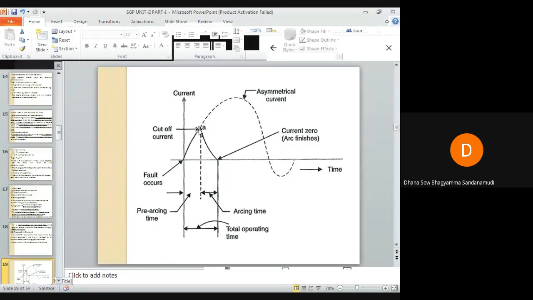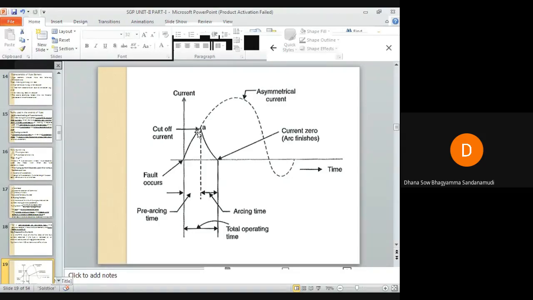As soon as it reaches point A, the fusing element will reach its melting point and the fuse will blow out. The current at this point, you will call it cutoff current.